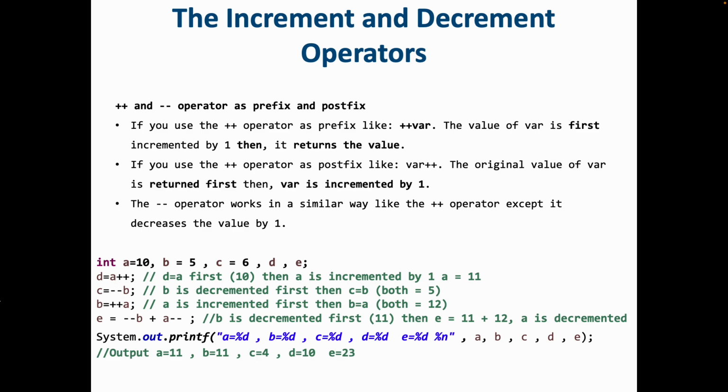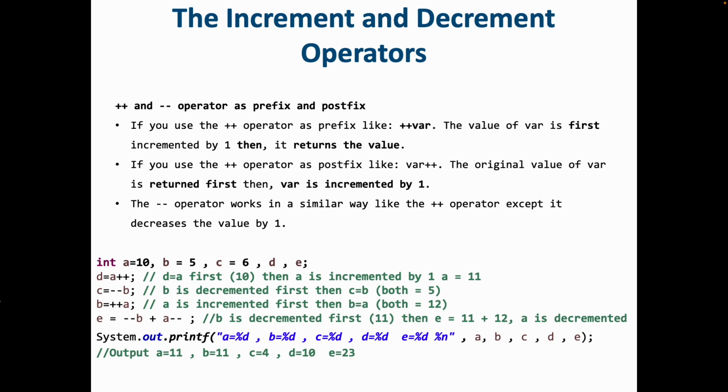By this line, d becomes 10, a becomes 11. But if I say c is equal to minus minus b, it means that I will first do this decrease operation. So b will be 4, and then c will also be 4.